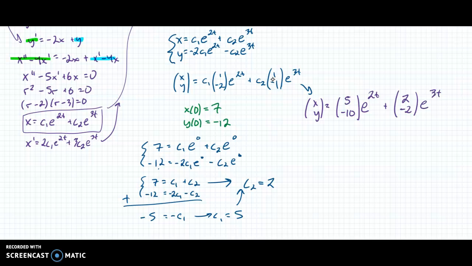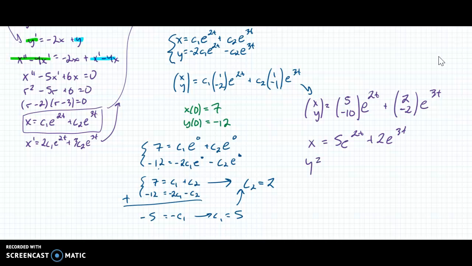And the other way to write this would be x equals, and you could plug in the 5 and the 2 here, here, and here. But I've already done that work here, so I'm just going to do my multiplication: 5 e to the 2t plus 2 e to the 3t.